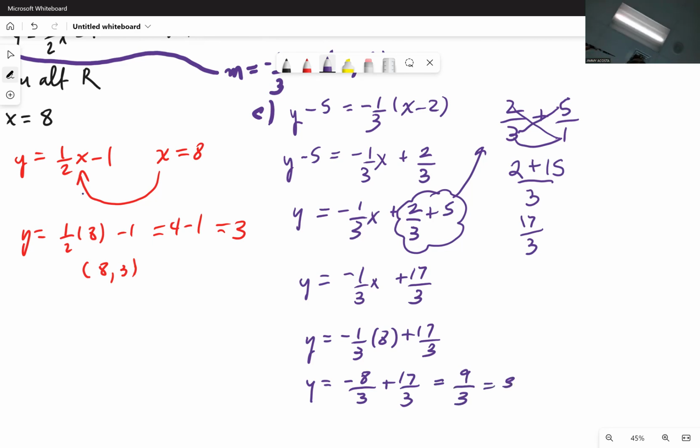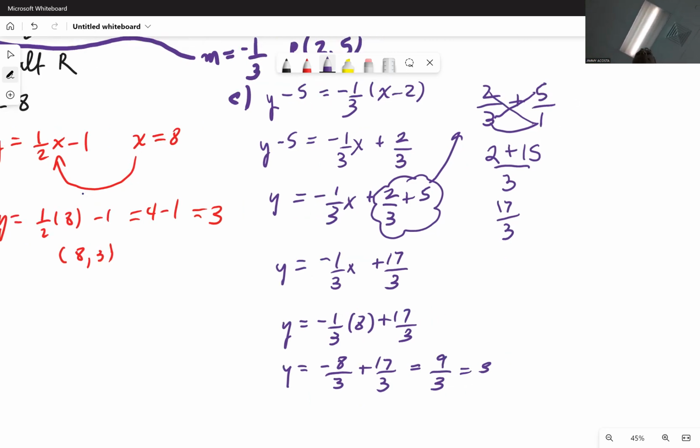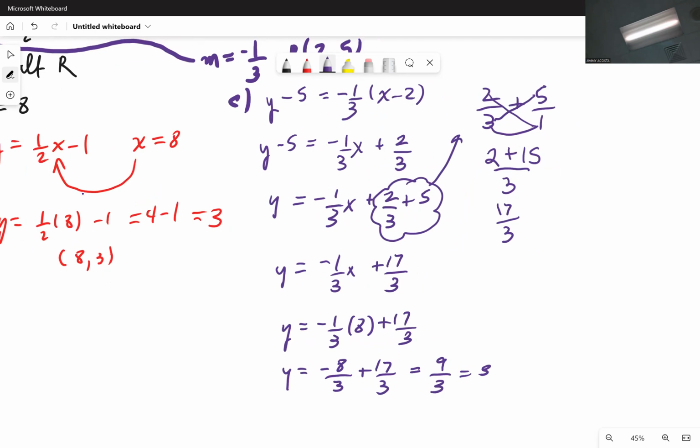So have we shown that this altitude also intersects the other altitudes at P? The answer is yes, we have. We have clearly shown it, because if we would have gotten any other number besides 3, then it wouldn't have intersected. They all intersect at the same point, P, 8, 3. Make sense?